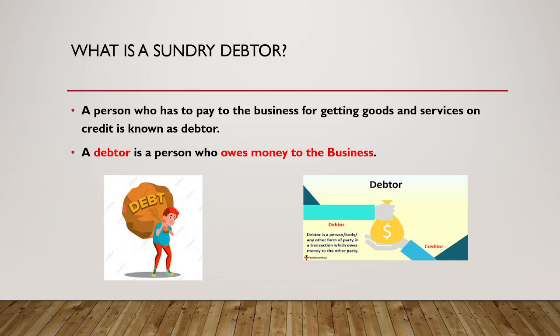Okay. So any customer is a debtor and owes money to the business. The customer will purchase the goods from the company and will have to make the payment to the company. Correct. Okay. Now let's move on to the next slide.